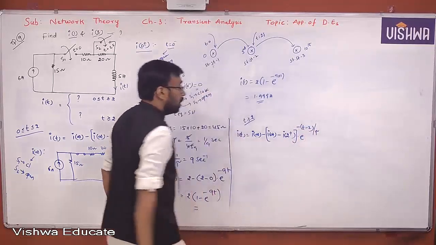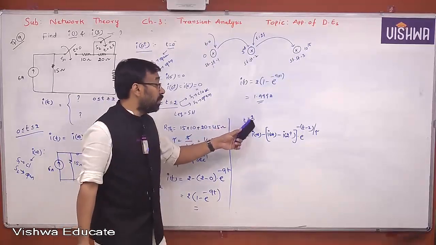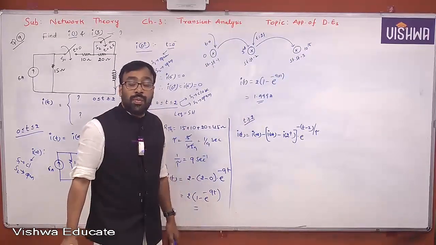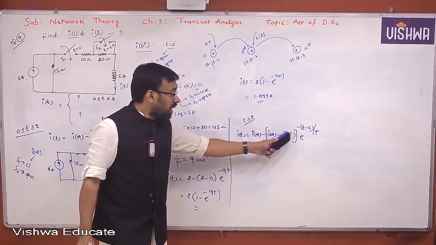This is the response when there is a switching operation taking place at t equal to t naught. What is t naught here? 2 seconds. Here I of t naught plus is nothing but I of 2 plus.